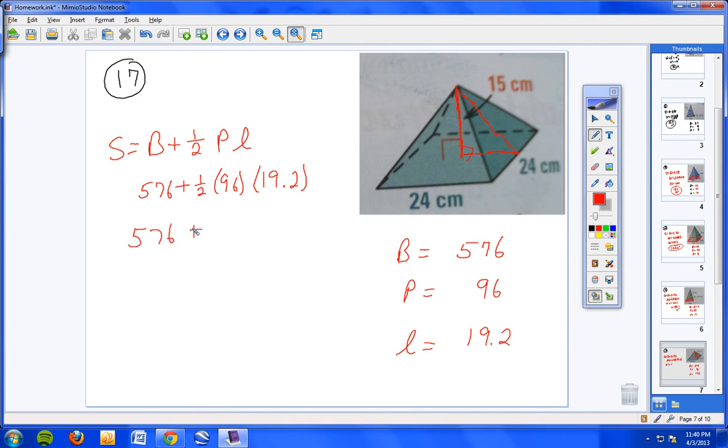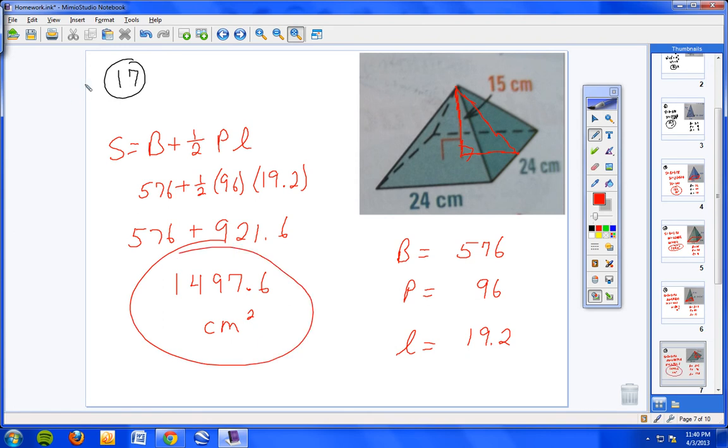If I multiply these three numbers together, I will get 921.6. Now if we add those two numbers together, we will get approximately 1497.6, and that's going to be square centimeters.